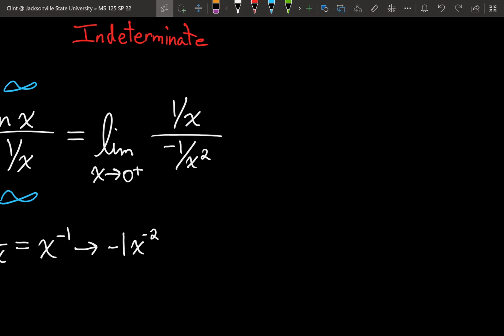A couple ways you can think about it. You can think about it from the perspective of simplifying a complex fraction, where you flip the denominator and multiply, or, more in line with how we've been thinking about exponents in this class most of the semester, that top x to the -1, the bottom's negative x to the -2, and we could just use our exponent rules.